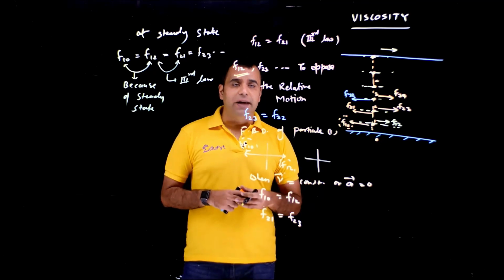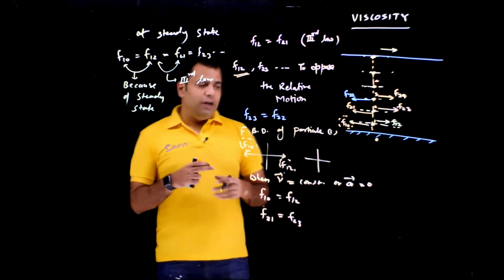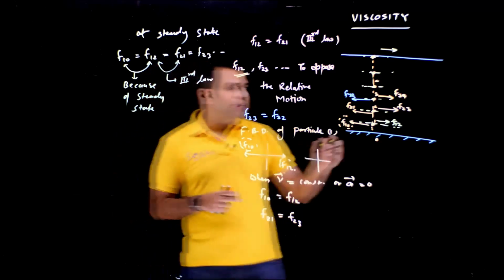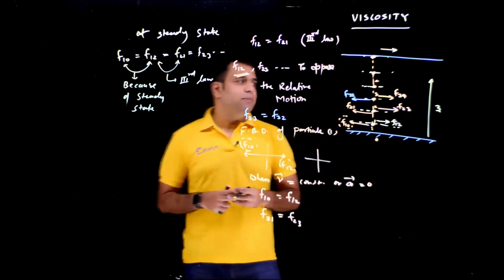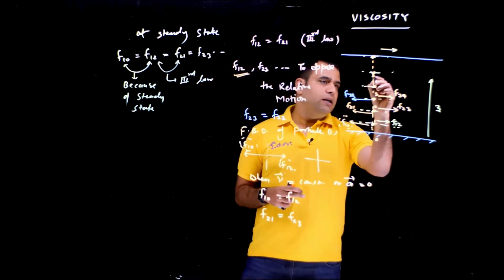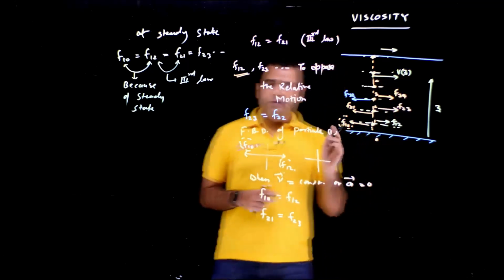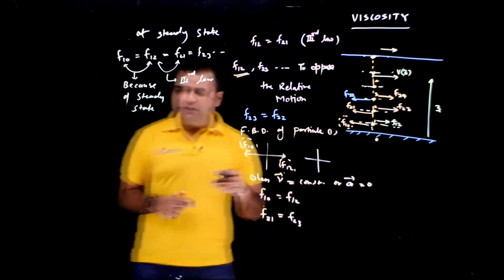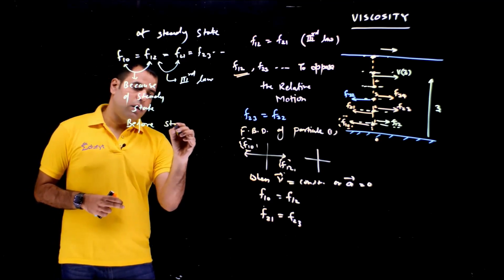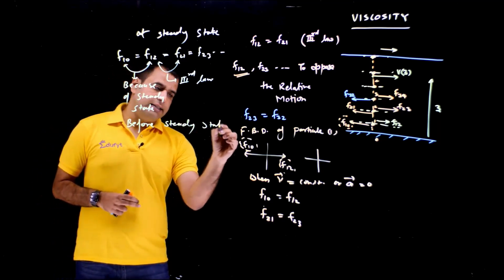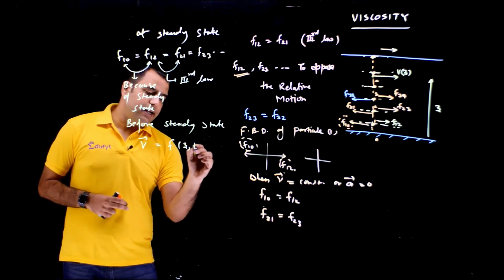When I say constant, I mean constant with respect to time, not with respect to location. With respect to location, their velocity will keep changing. So if this axis I'm taking as Z, then at any point, for any particle, the velocity will be a function of Z. But this velocity will not be a function of time. Before achieving the steady state, the velocity of any particle will be a function of two things, Z and time.